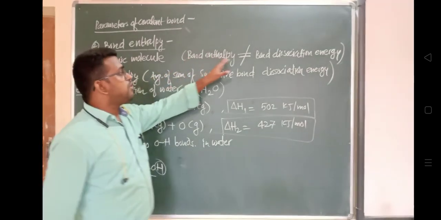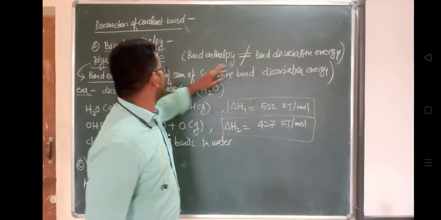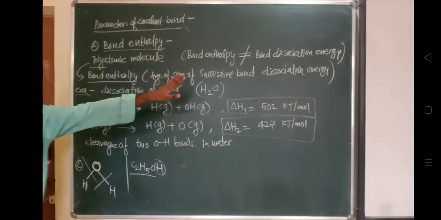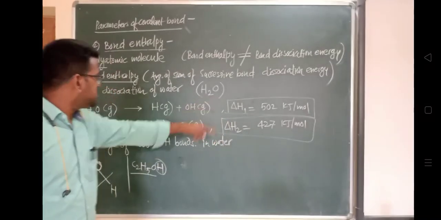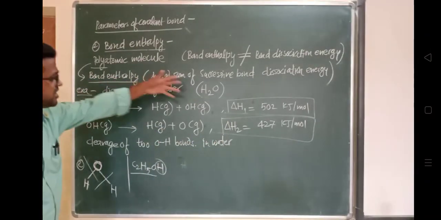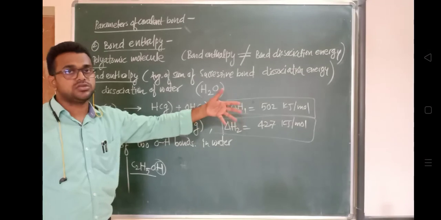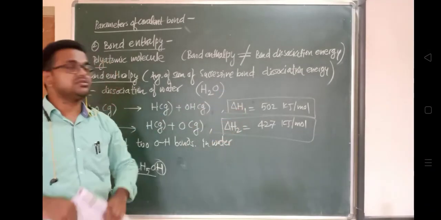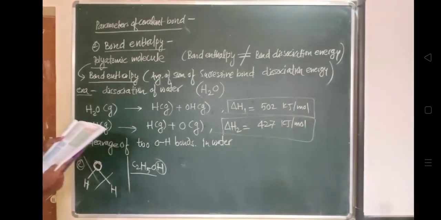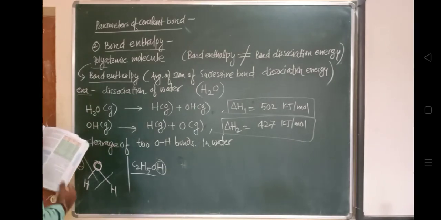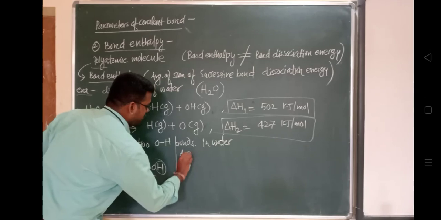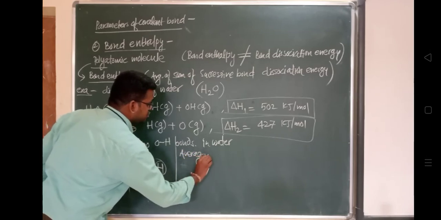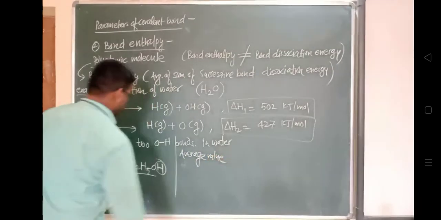The average value of bond enthalpy is mentioned as delta subscript a H. These are determined from experimentally measured values of a large number of compounds containing a particular bond. Average bond enthalpy data for some of the bonds is provided in the table, table number 5.6.